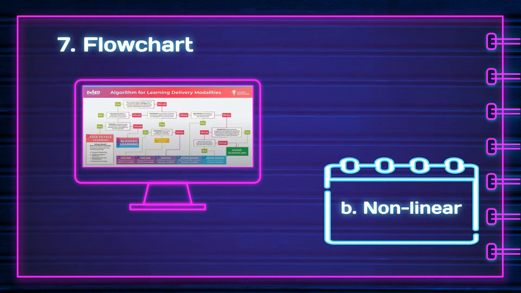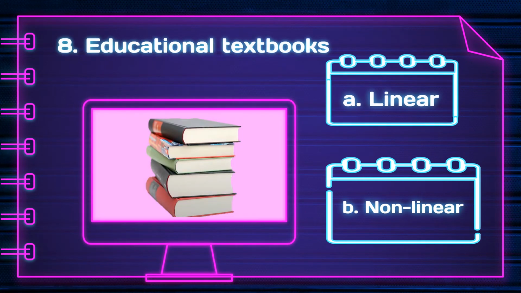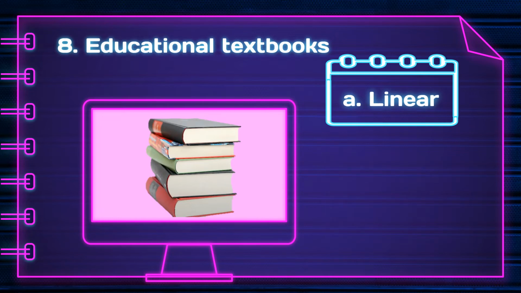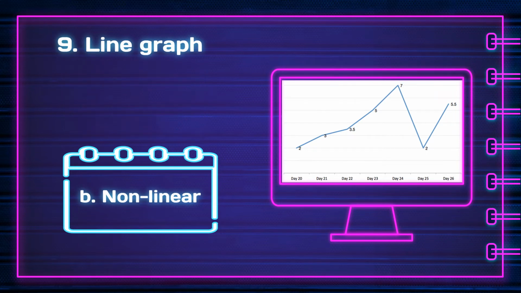It is a nonlinear text too. Number 8, educational textbooks. The correct answer is linear. Number 9, line graph. That is a nonlinear text.